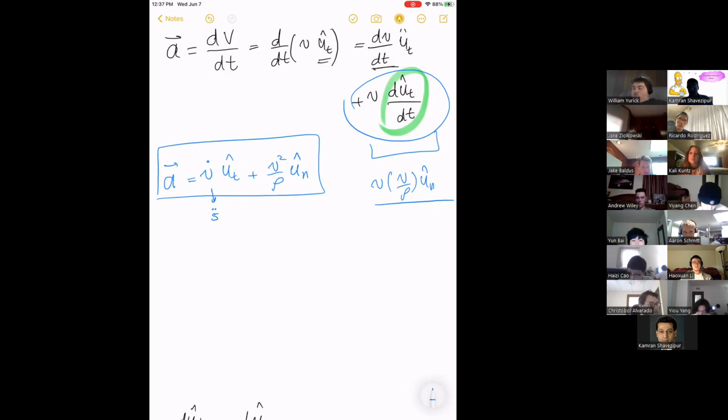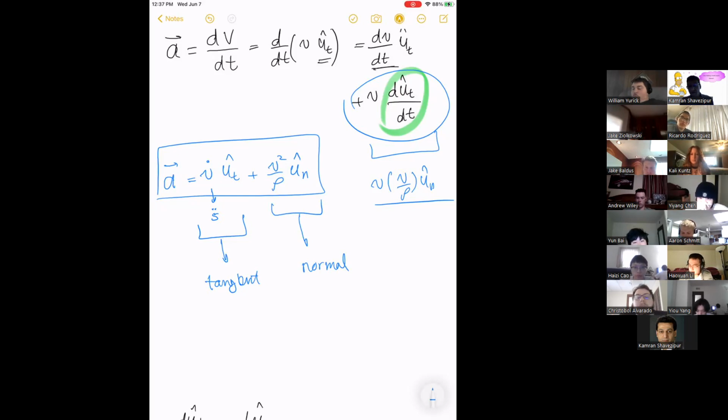You remember on Monday, I asked you, velocity is always tangent to the path, and I tried to confuse you. Is acceleration normal or tangent to the path? Some of you said normal, some of you said tangent to the path, and I said it's neither of them, right? If you look at here, you see your acceleration has a component tangent to the path, and it has a component normal to the path. And any of them could be zero technically, right?